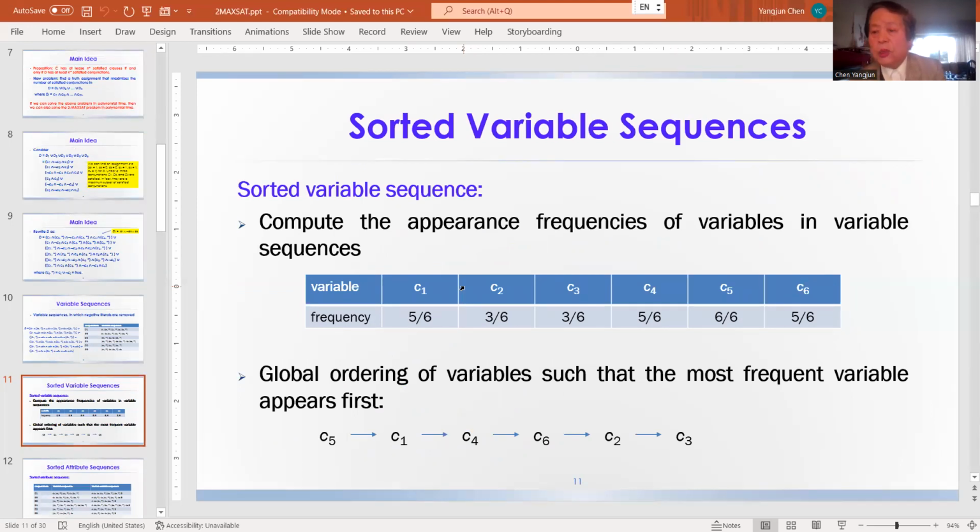Then we can impose a global ordering of variables such that the most frequent variable appears first. Then for the above variable sequences, we can impose a global ordering of variables like this, where variable C5 appears first. It is because the appearance frequency of this variable is the highest.